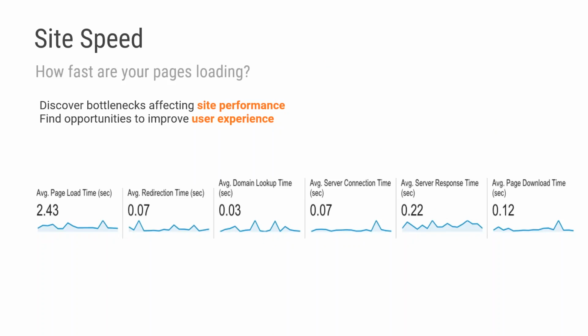So let's say in this example, you'll see that the average page load time is 2.43 seconds, which might be slightly high. And if you think that users have been bouncing off because of the page load time, then you could try to make minimal changes in the account.